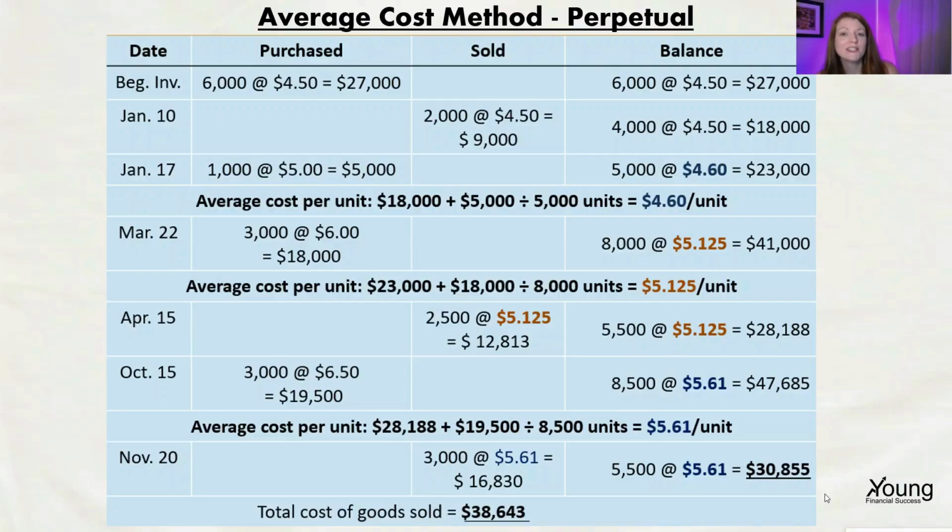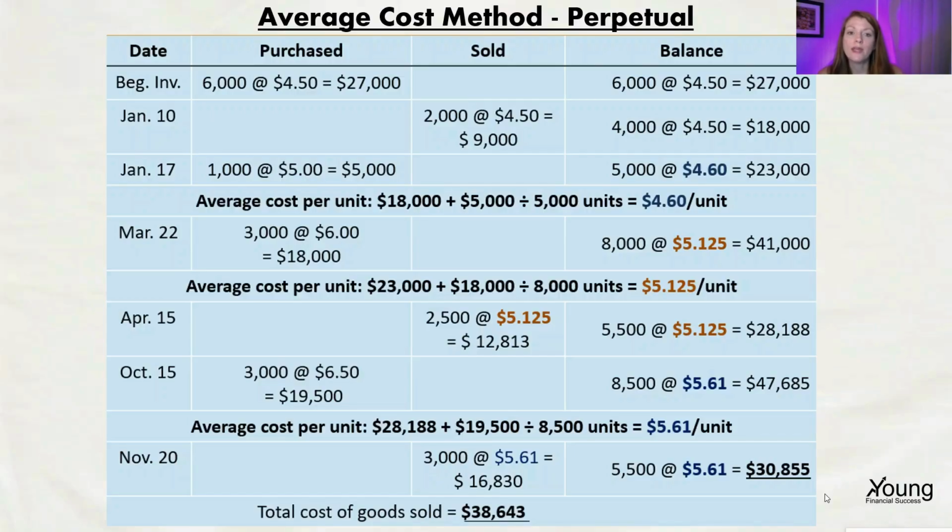Now we purchase another 1,000 at a new price of $5, which totals $5,000. So we take the 1,000 units and the 4,000 units. We have a total of 5,000 units now, and we need to calculate the average. So you see the first bold line there. To calculate the average cost per unit, we have the $18,000 that was already in our ending inventory as of January 10th.